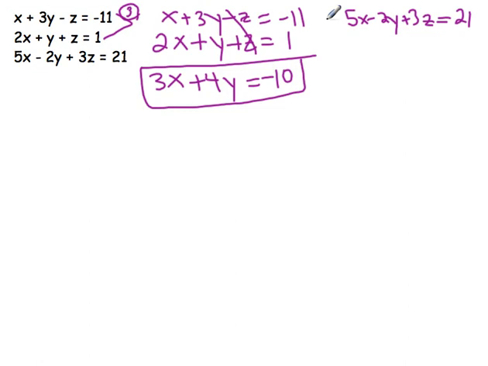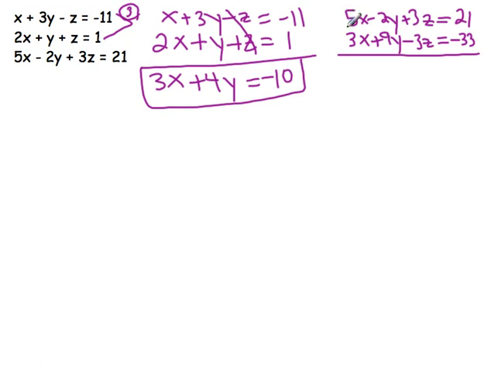Okay? Now I take the first one, multiply everything by 3, and that's going to give me 3x plus 9y minus 3z equals negative 33. Always remember to multiply the right side of the equal sign by that number as well.